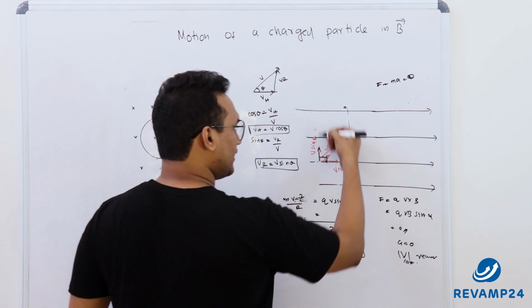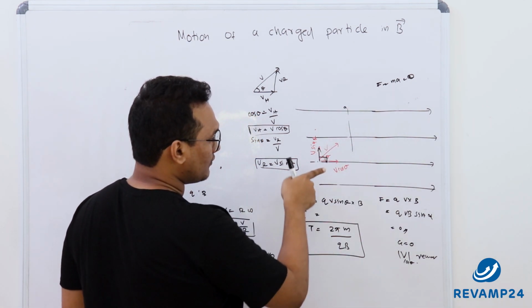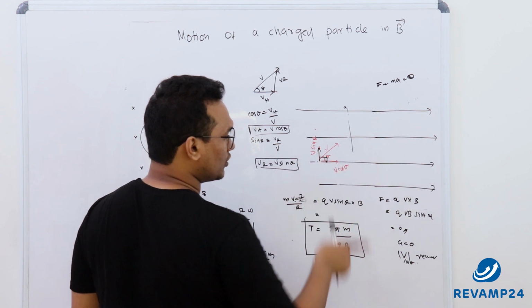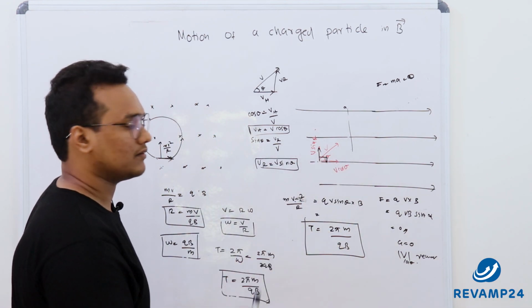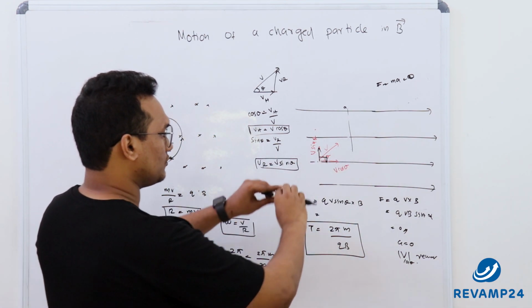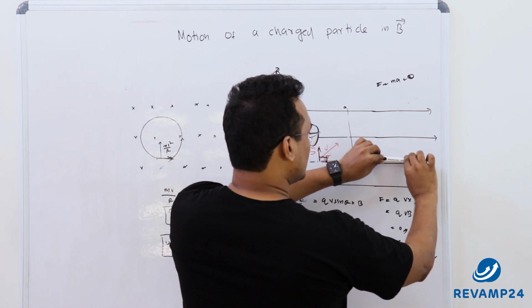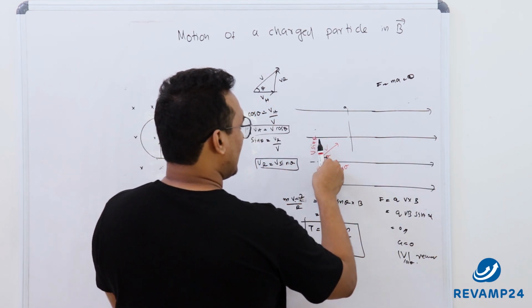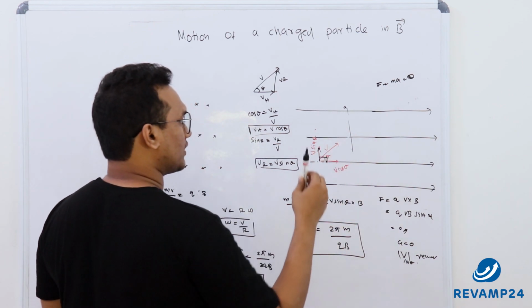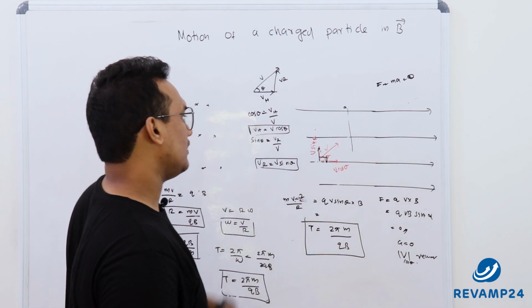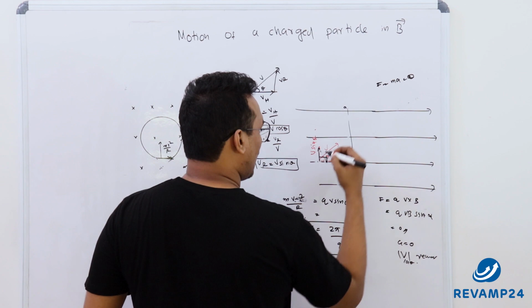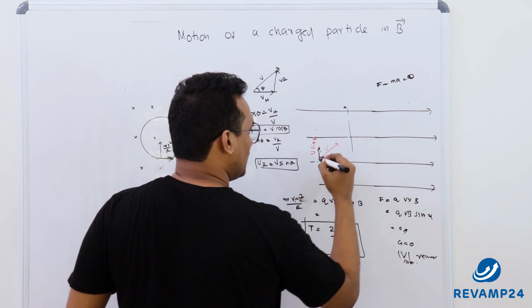So with this time period it has to rotate, but V cos theta, the horizontal velocity, has to remain unchanged, which means our horizontal velocity should be in this direction, and V sin theta should have a rotational motion. So how can both be achieved at the same time?